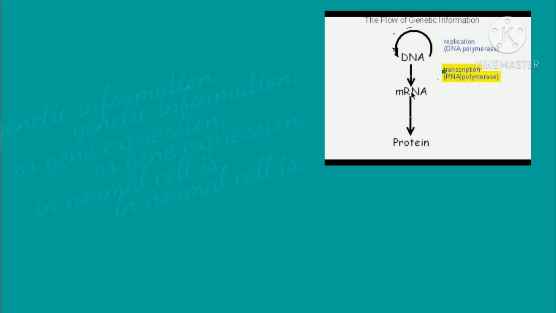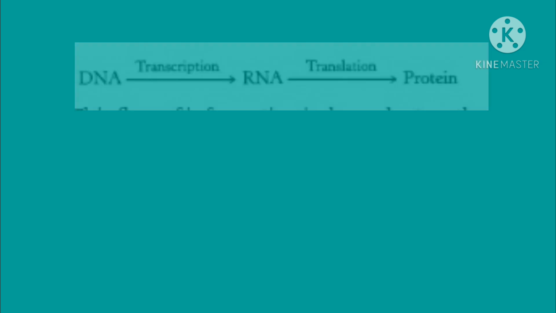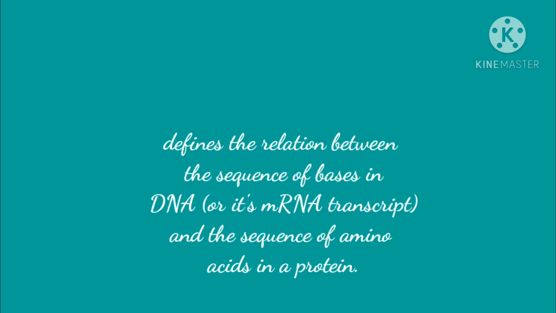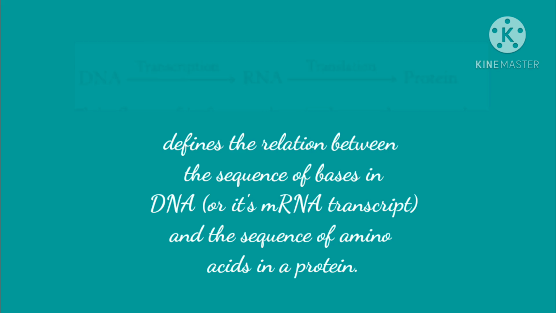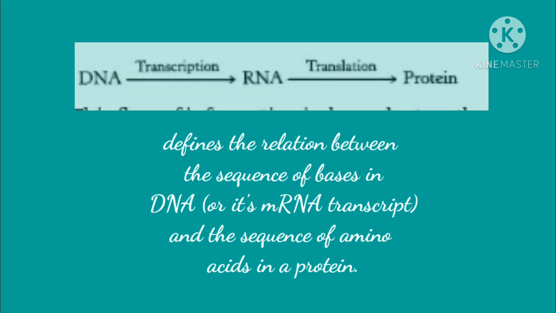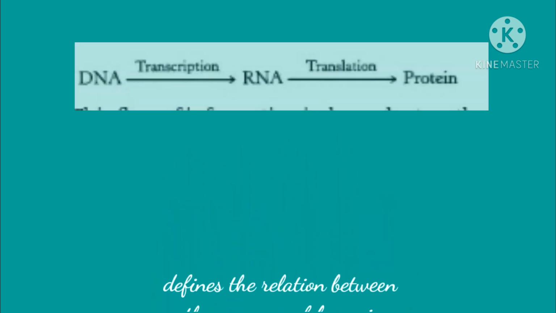Thus, the flow of genetic information, or gene expression, in a normal cell is DNA to RNA to protein. This flow of information is dependent on the genetic code, which defines the relation between the sequence of bases in DNA or its mRNA transcript and the sequence of amino acids in a protein.